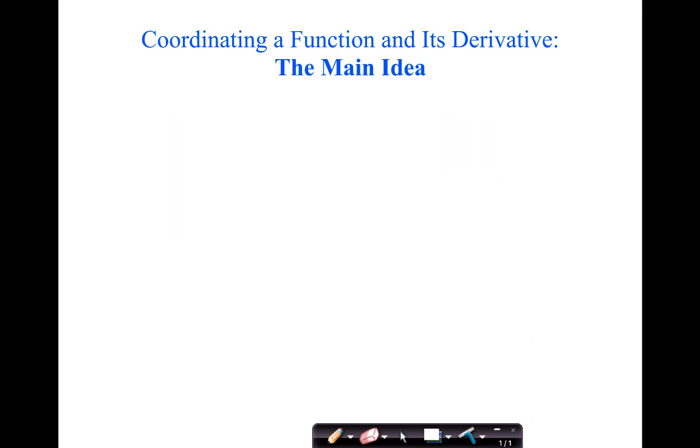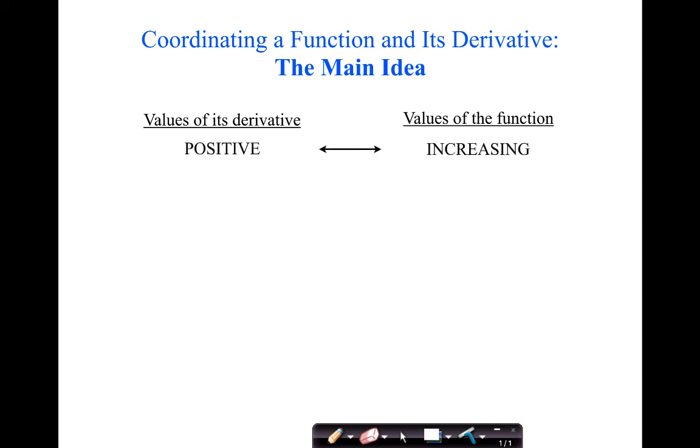But the main idea here, just briefly then, is that if I have values of a function increasing, its derivative is positive. If I have values of a function decreasing on an interval, then the values of the derivative there are negative.